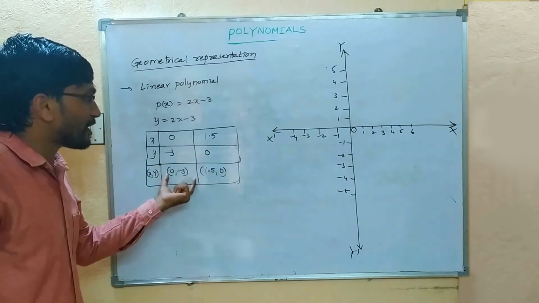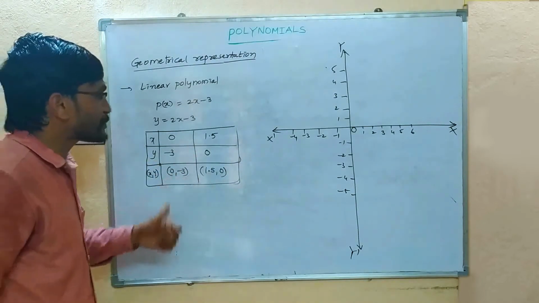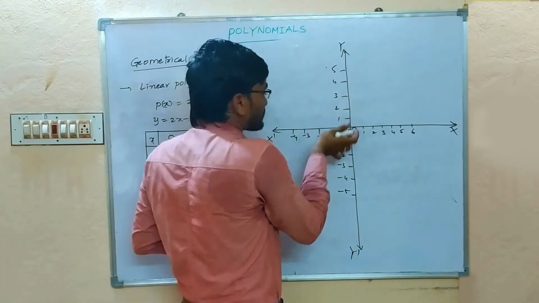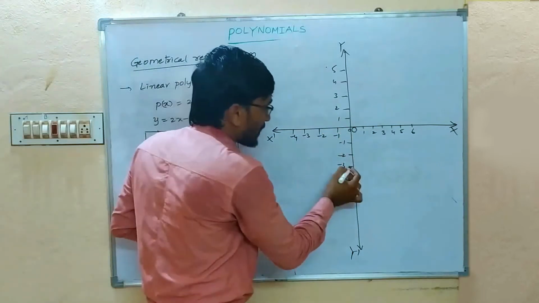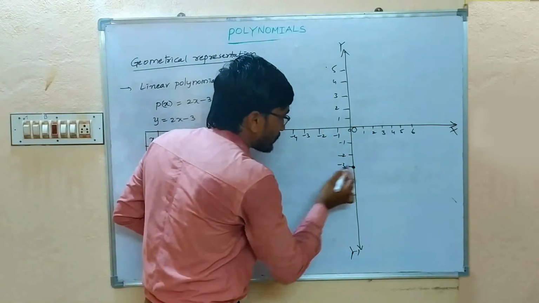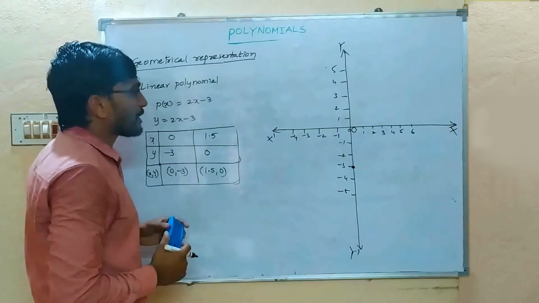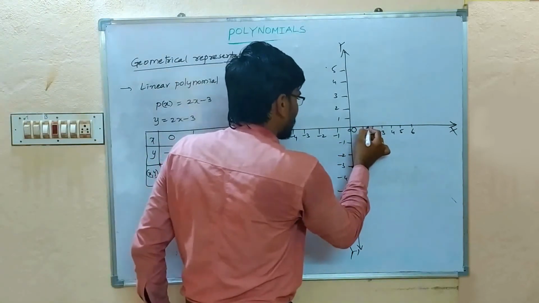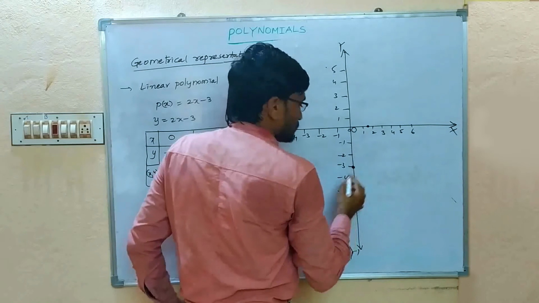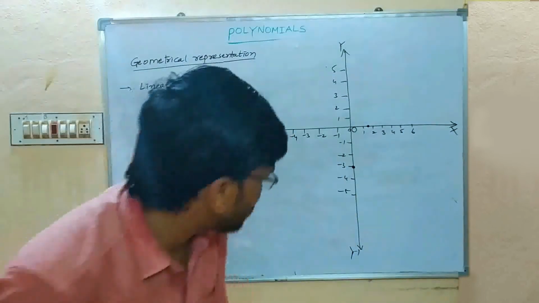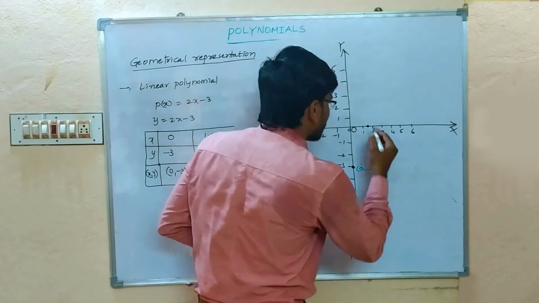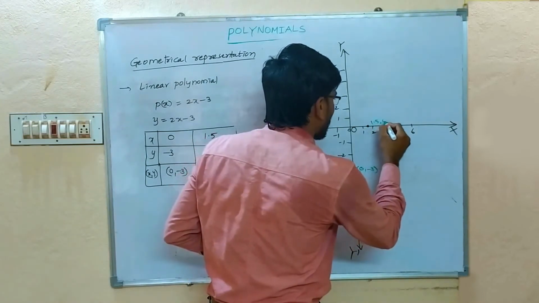First plot the point 0 comma minus 3: on the x-axis 0 and y-axis minus 3. This is the point. Next 1.5 comma 0: on the x-axis 1.5, y-axis 0, here. This is the point 0 comma minus 3, and this is the point 1.5 comma 0.